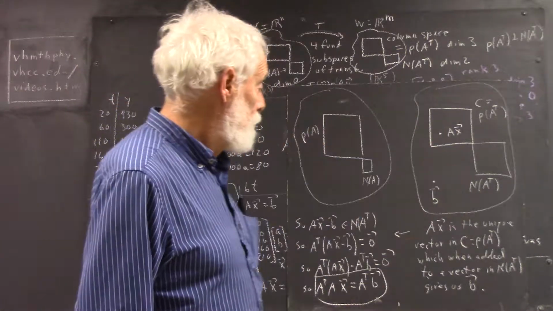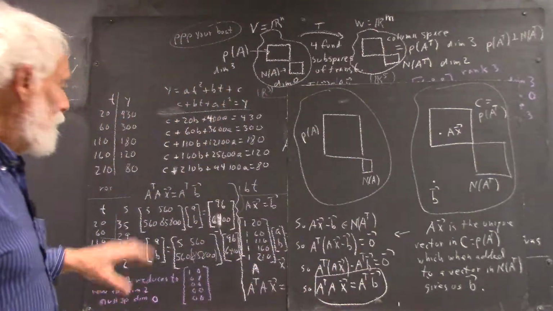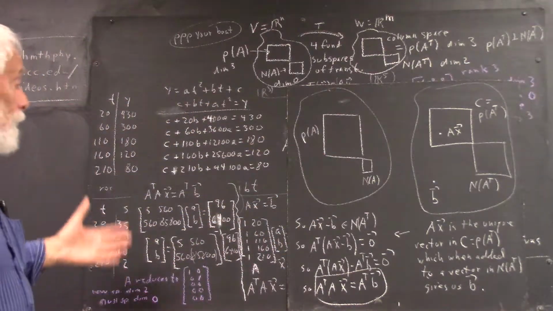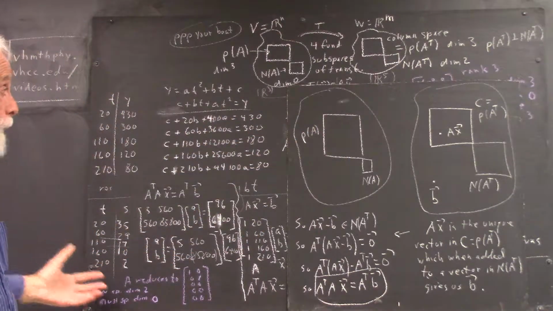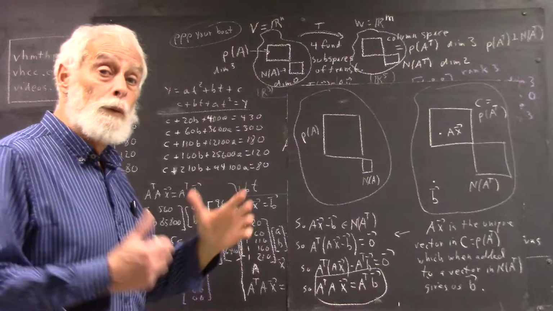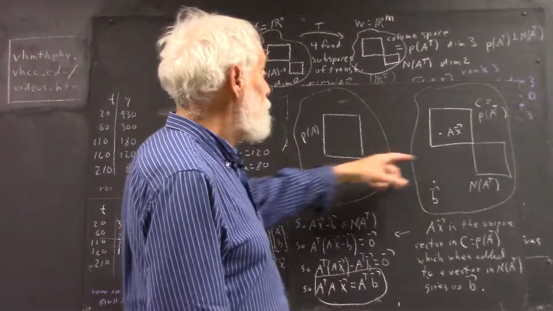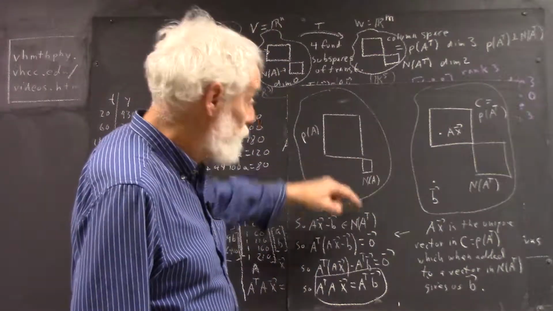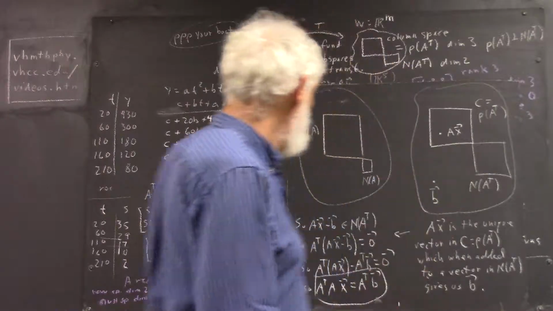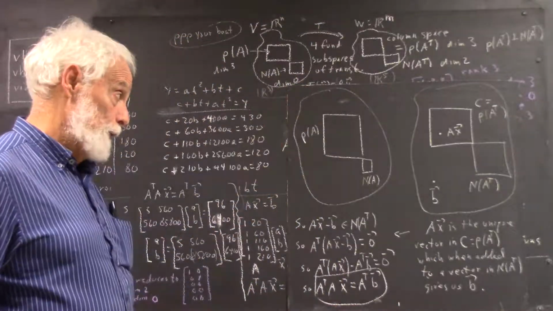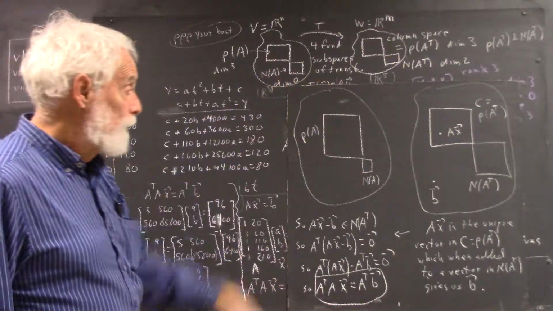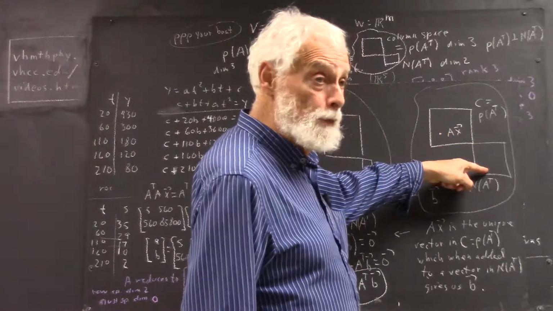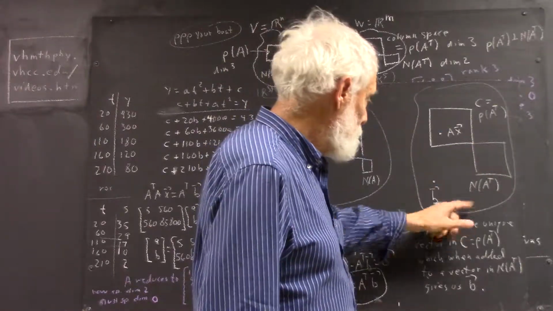Everything we said in this picture mimics something over here. In other words, this picture represents this situation just as well as it represents the earlier one, with the only exception being the dimensions. This space has dimension 2, so this null space has dimension 0. And this space has dimension 5 because that's what this matrix maps things into. It's got 5 rows, so it maps into R5. Since this has dimension 2, this is orthogonal to this with dimension 3; 2 and 3 adds up to the dimension of the whole space.